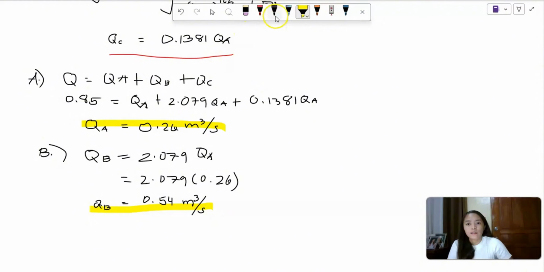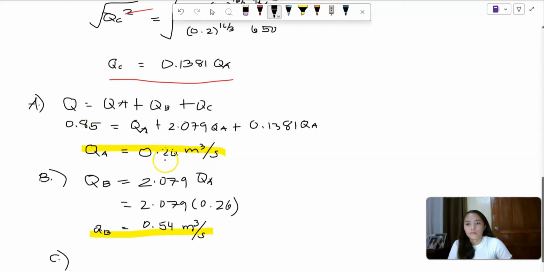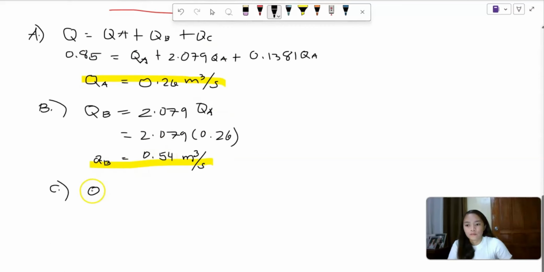And lastly, we will get the Q sub C. So for Q sub C is just equals to 0.1381 Q sub A. So let's just substitute the value of Q sub A again, which is 0.26.